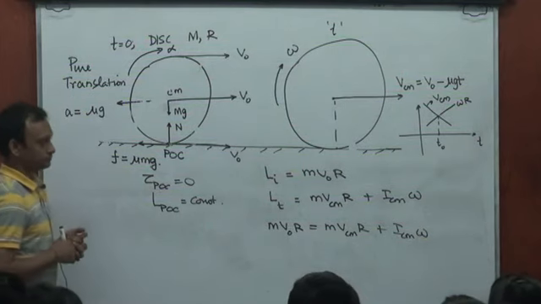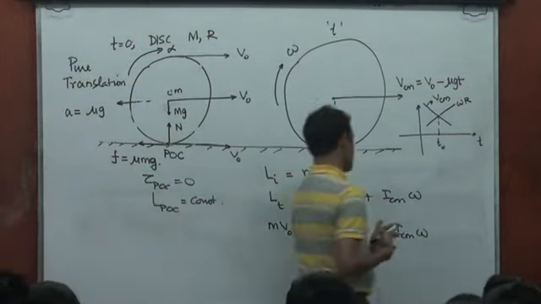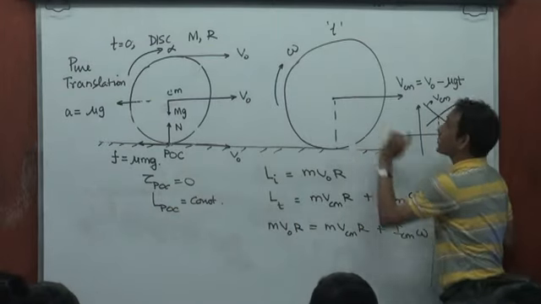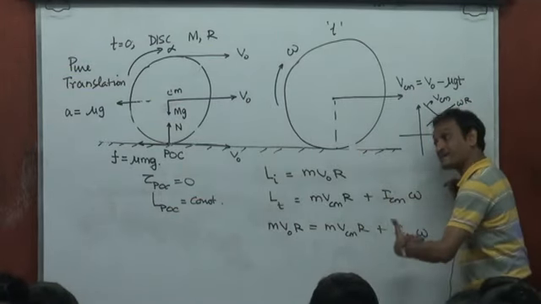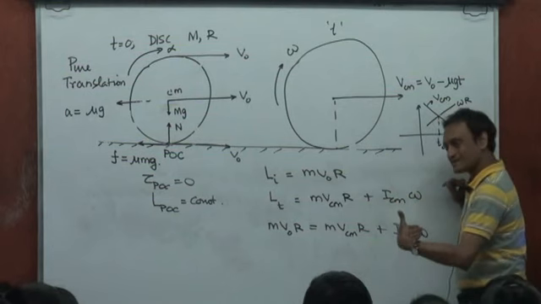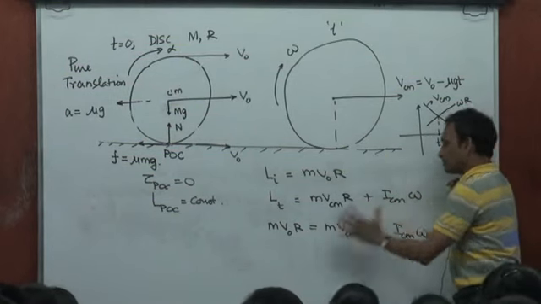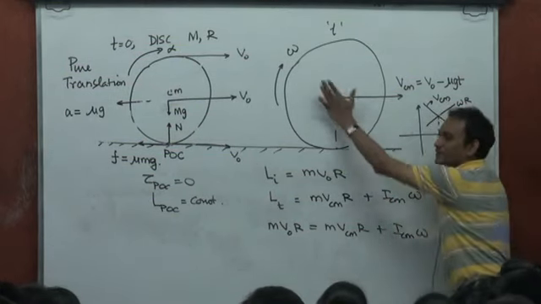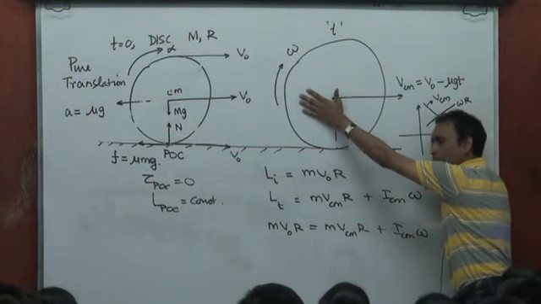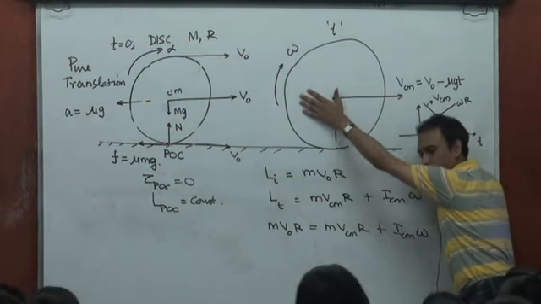Now, as a special case, if the instant of time t is one where rolling has commenced, then see, this equation is true irrespective of whether this is a rolling state or not, right? This will be true for any instant of time t.